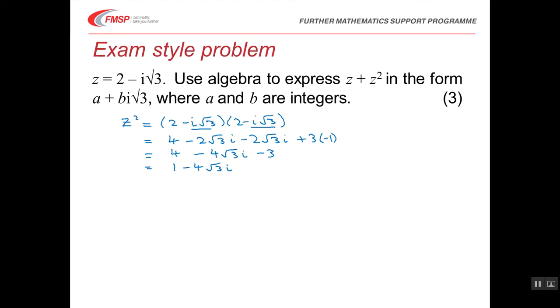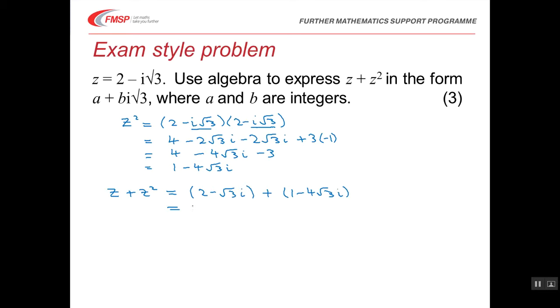So now we're in a position to do the whole problem, which is z plus z squared. So z is 2 minus root 3 i, and we're adding on z squared, which is 1 minus 4 root 3 i.